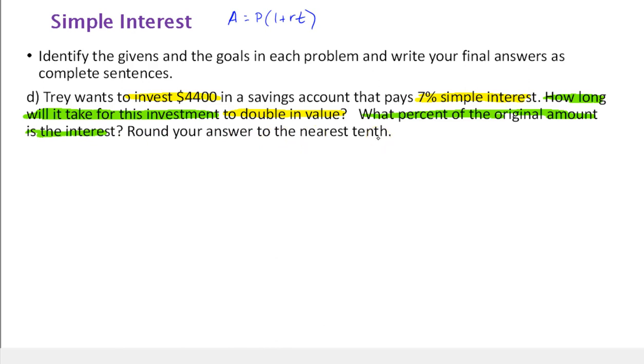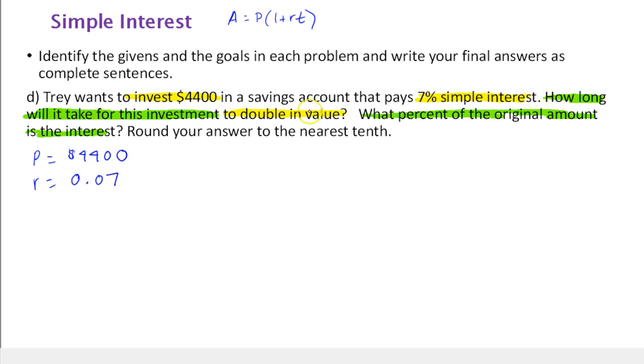Okay, so let's look at what we know. Well, we're told that he wants to invest $4,400, so that will be our principal. We're also told that he will receive a rate of 7%, which as a decimal is 0.07.